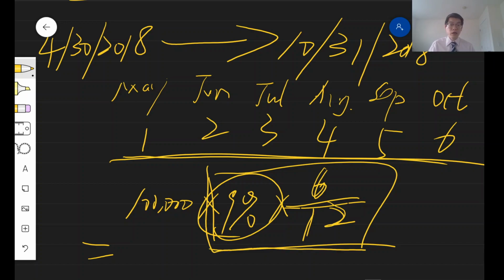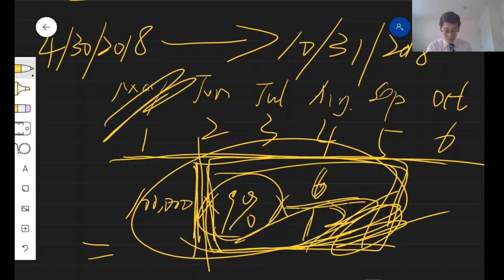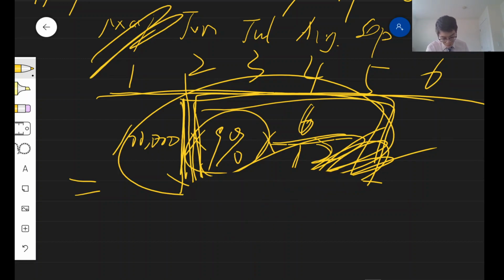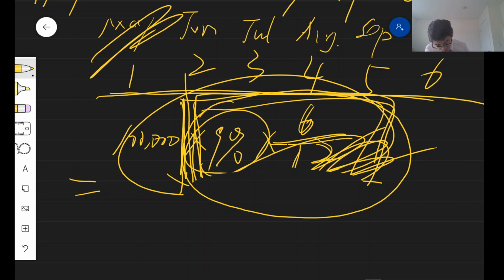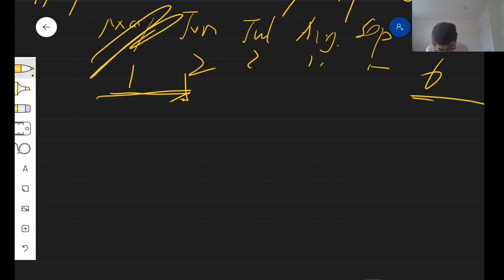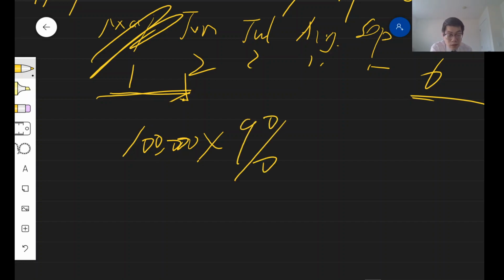All right, and then you will have, okay, it seems like it works. Okay, so by having this section, so then 100,000 times 9% annual interest rate times 6 over 12.